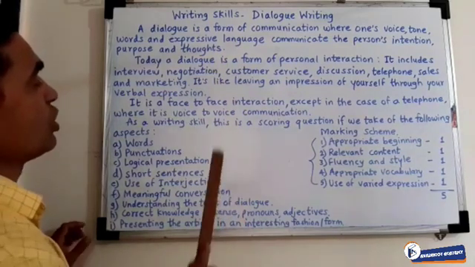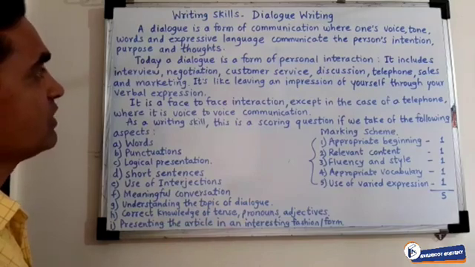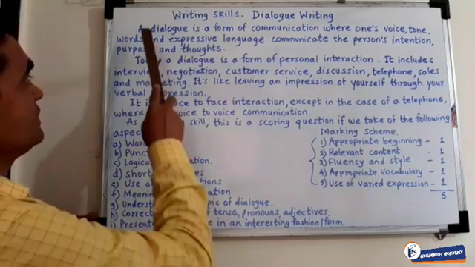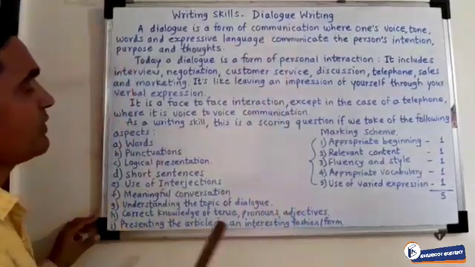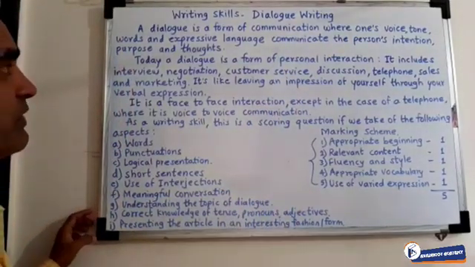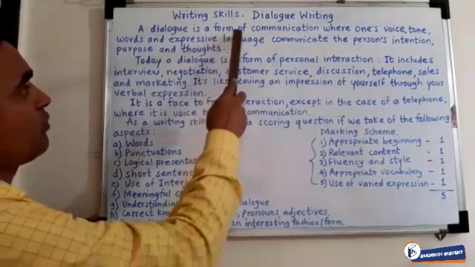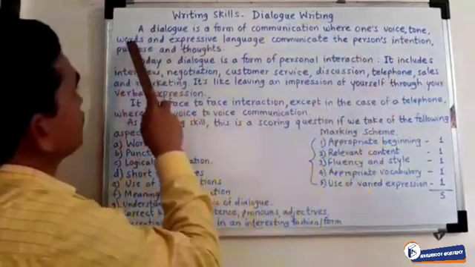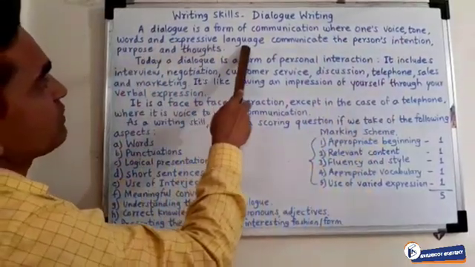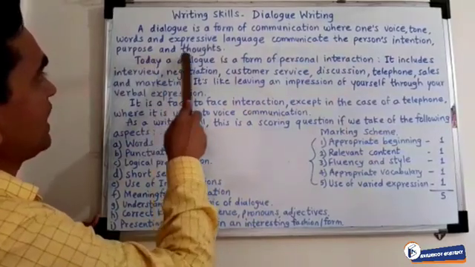Let's see what a dialogue is. We will see the definition first, and what the purpose of writing a dialogue is. A dialogue is a form of communication. You know that we make a dialogue between two persons or more than two persons. It is a form of communication where one's voice, tone, words and expressive language communicate the person's intention, purpose and thoughts.